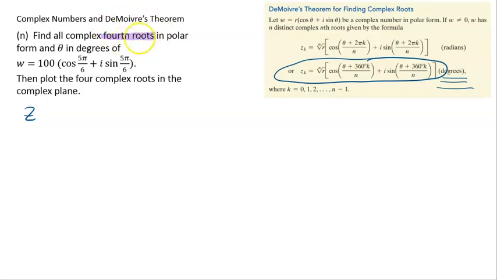Well, we're doing the fourth root, so let's just write z sub k equals. Now that's the nth root of r, so that's going to be the fourth root of our modulus, which is 100. So the fourth root of 100 times the cosine. Now 5 pi over 6 is in radians, but we need it in degrees, so let's change this to degrees. Remember, that's 5 times 180 divided by 6.